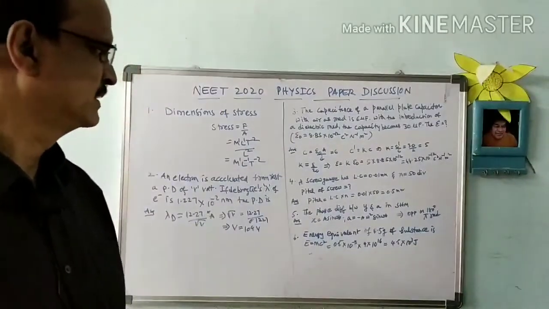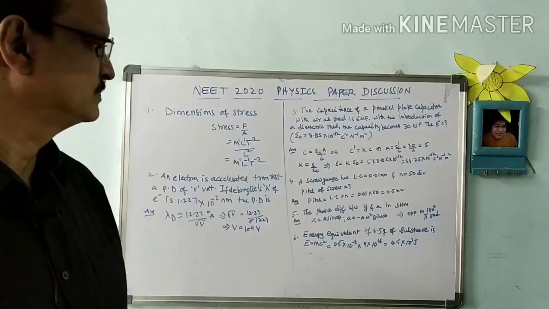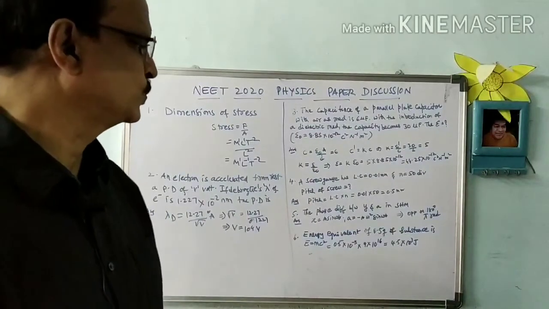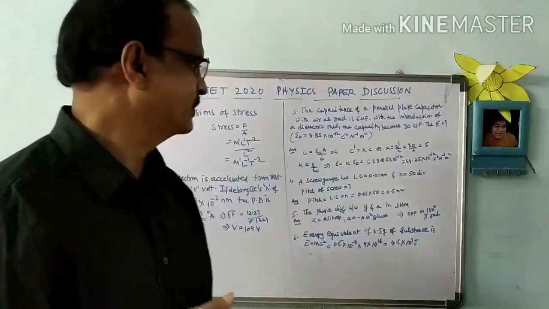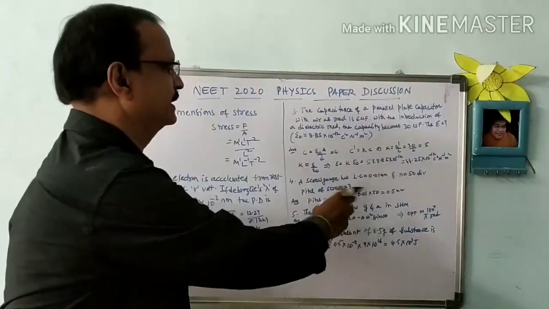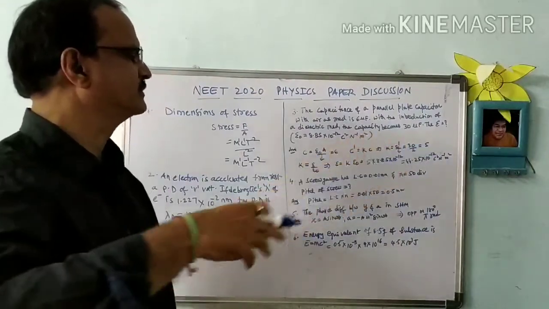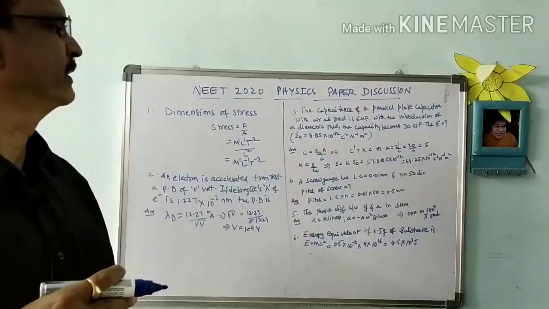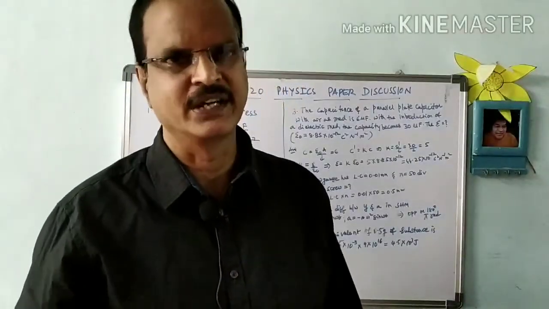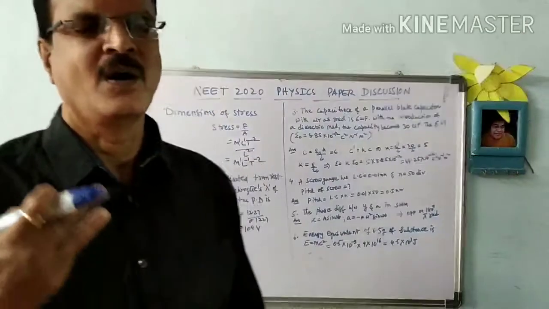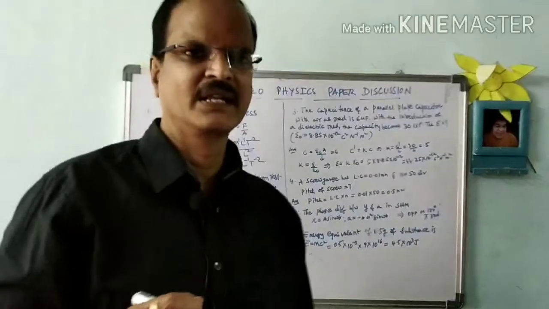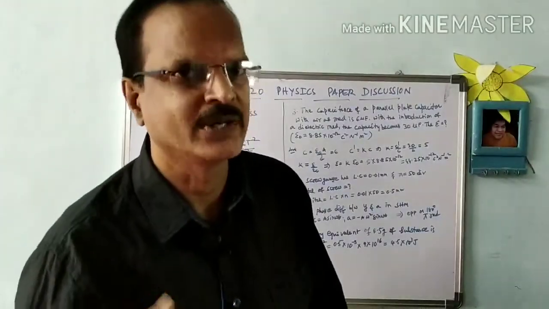We can write least count is equal to pitch of the screw by number of divisions, or pitch of the screw is equal to least count into number of divisions. Therefore, least count is 0.01 into number of divisions 50, which is equal to 0.5 millimeters. Children, here also it is very, very easy. Students, see, all basic questions, direct applications in NEET 2020.